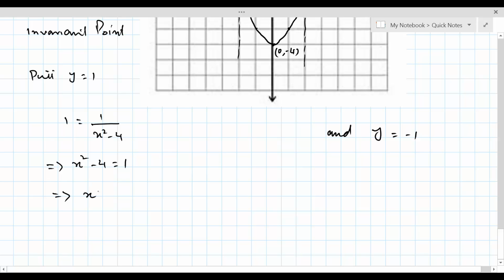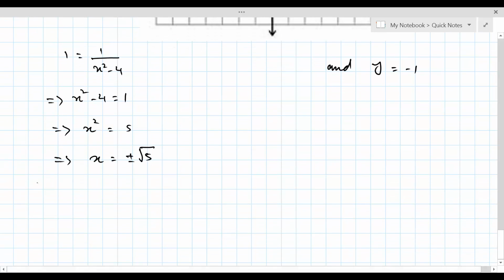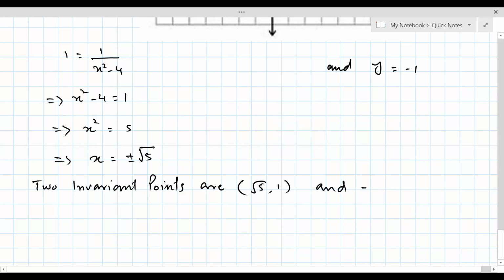This means x square is equal to 5, or x equal to plus minus under root 5. So the two invariant points are under root 5, 1 and minus under root 5, 1.